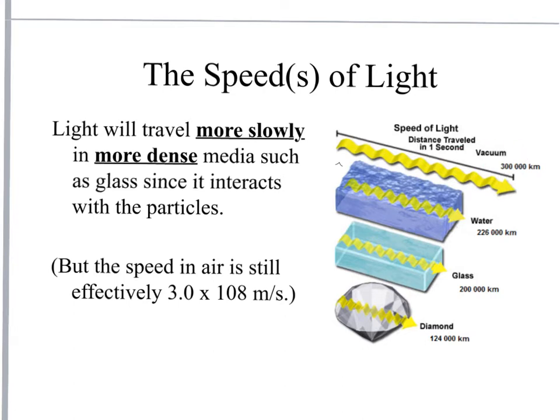So a vacuum and air, for our purposes, are the same. The thing that is slowing this light down is that the light is forced to interact with the particles of the medium, whereas if we're in a vacuum, there are no particles getting in the way. The more dense the particles, the more they get in the way of these photons or light particles.